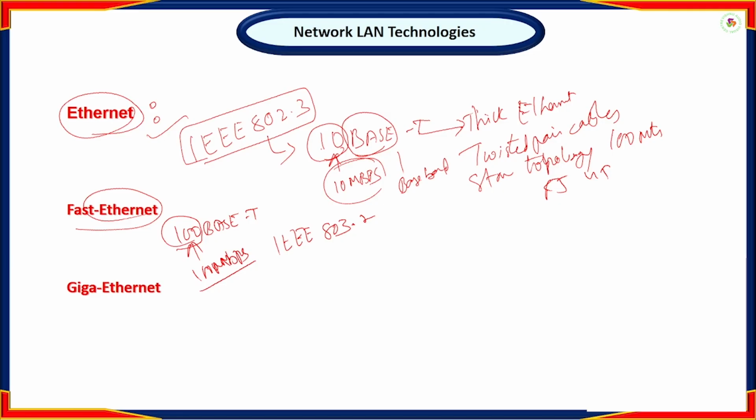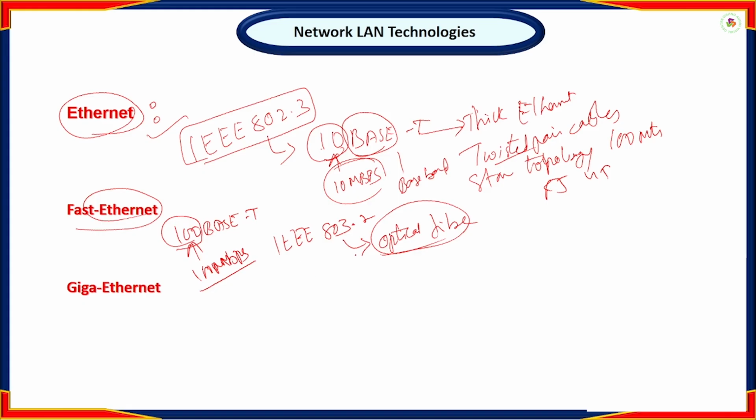Here we can go with optical fiber cable as well as twisted pair. Just like for Ethernet we used twisted pair cable, here we also have optical fiber as an option. For fast access we can use the optical fiber cable.